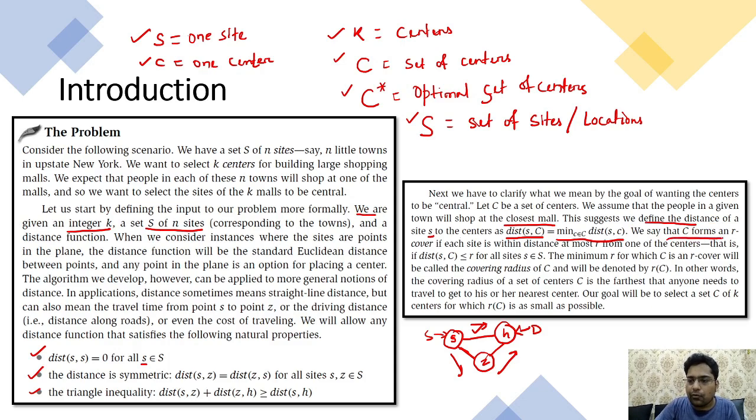We say that C forms an R cover if each site is within a distance at most R from one of the centers, that is the distance we have recently discussed. If it is a lesser value, we say this is our R cover.